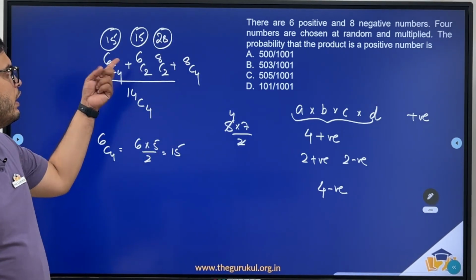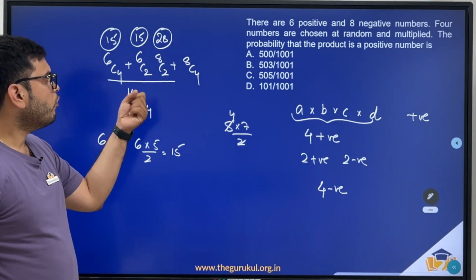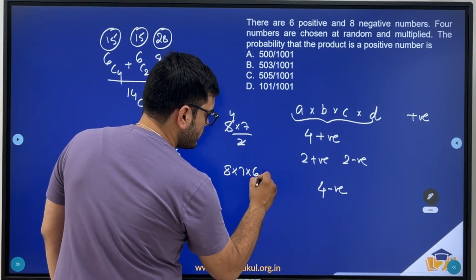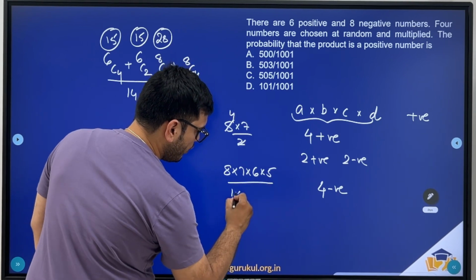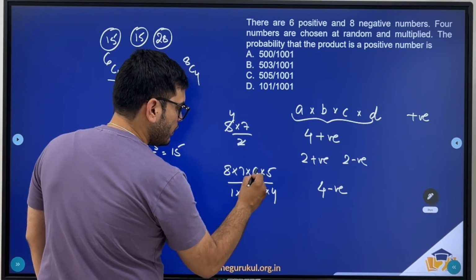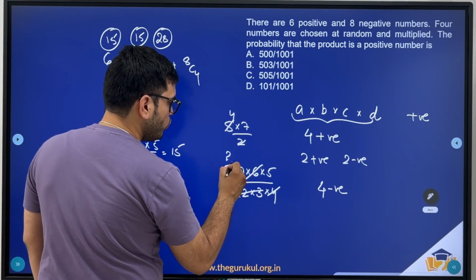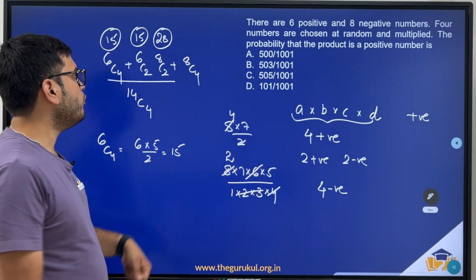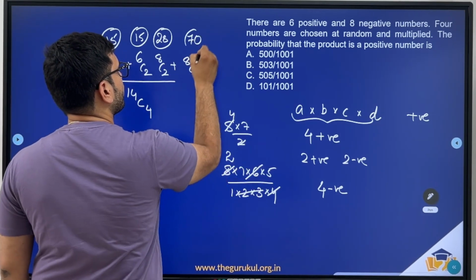Right? Now 15 into 28, and what would be the value of 8C4? 8 into 7 into 6 into 5 by 1 into 2 into 3 into 4, right? So 2 and 3 is 6, 4 2s 8, 2 into 5 10, 10 into 7 70, right?